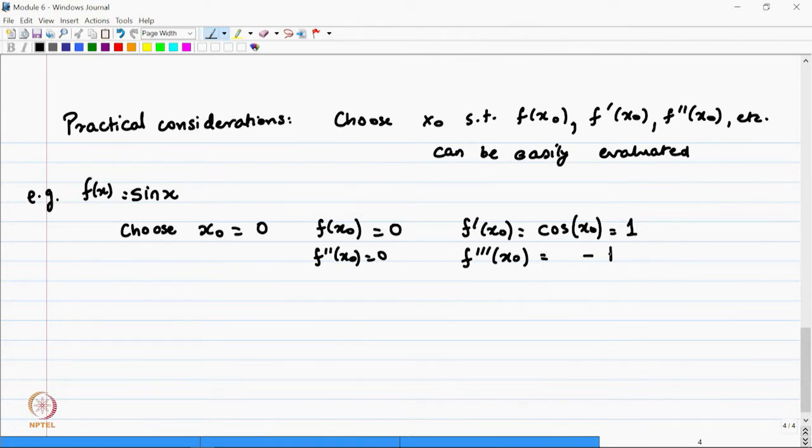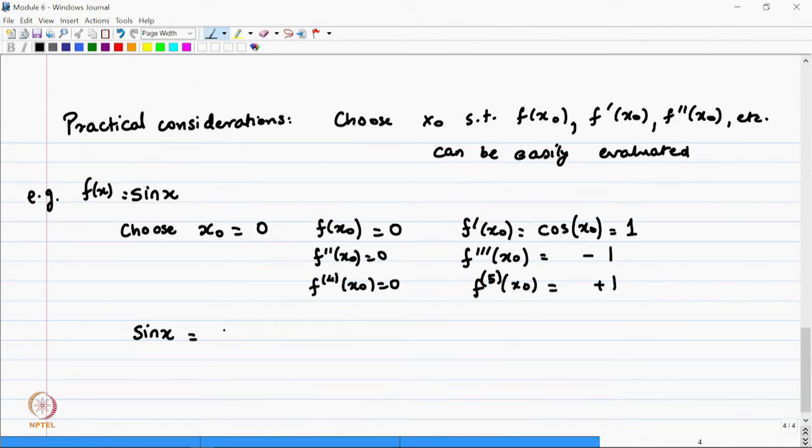You can sort of see what will happen. The fourth derivative evaluated at 0 will be 0, and the fifth derivative evaluated at 0 will be plus 1. So, you will go from plus 1, minus 1, plus 1 and so on. I can write my Taylor series in the following form: sin x is equal to, so sine of 0 is 0, f of x 0 is 0, f prime of x 0 is 1.